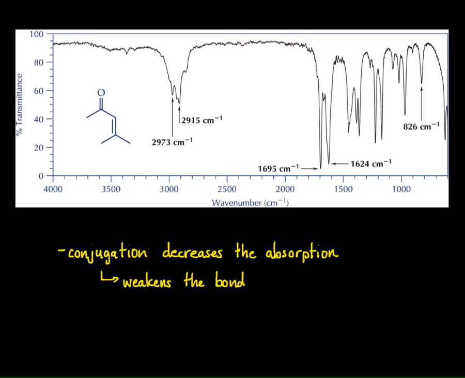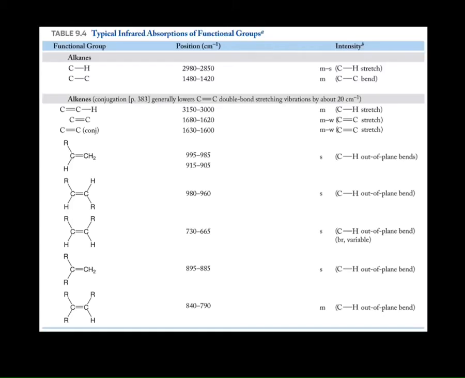Now, if you look in your textbook, there's a table 9.4 that shows common absorptions of various functional groups. I'm not going to go into great detail about this, but you can see from this that obviously carbon-hydrogen bonds of alkanes we talked about.